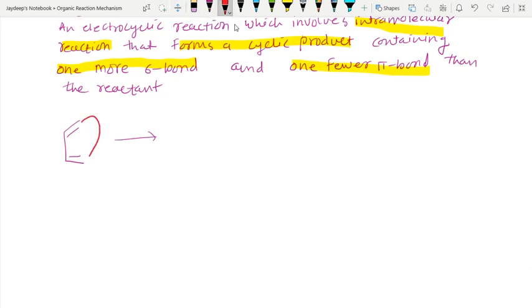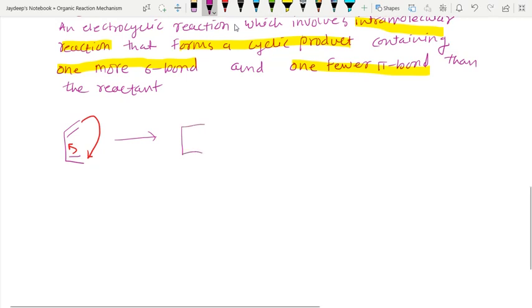So this bond will migrate here and this bond goes here. So it involves a cyclic transition state like that. So this is the basic structure of the ring, and these are the basic bonds.